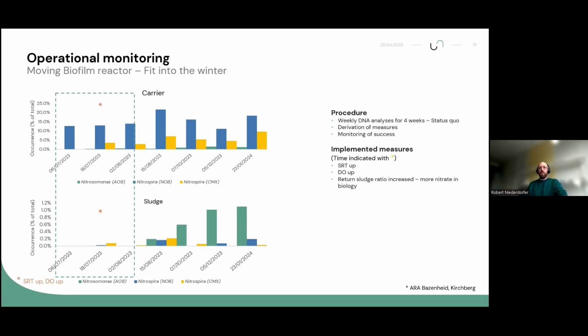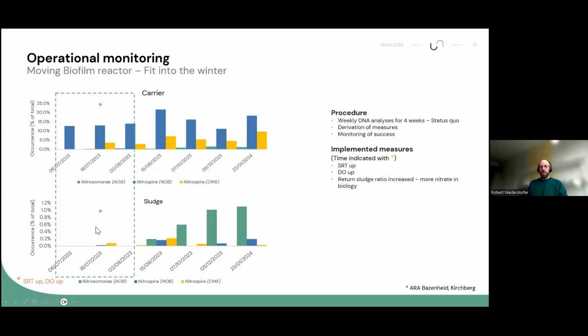So what we did was we increased the sludge retention time. So sludge is longer in there, bacteria can grow better. We told them to increase the oxygen demand and to increase the return sludge ratio, to have more nitrite in the biology.